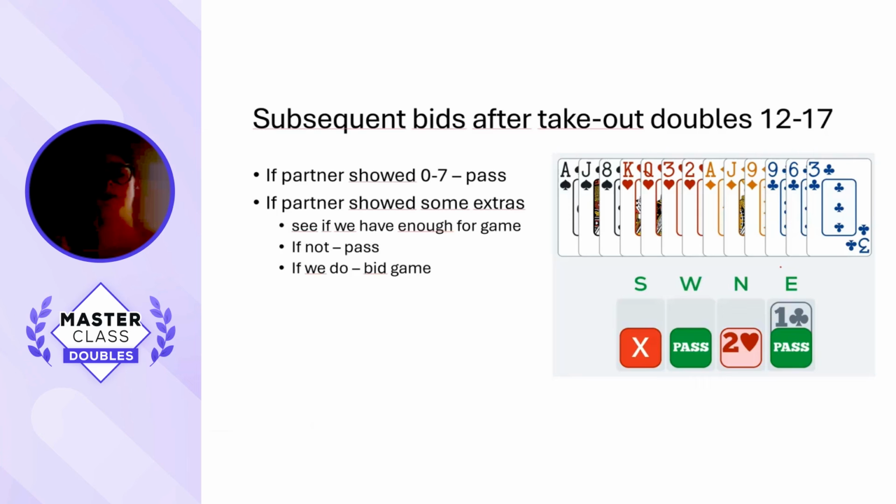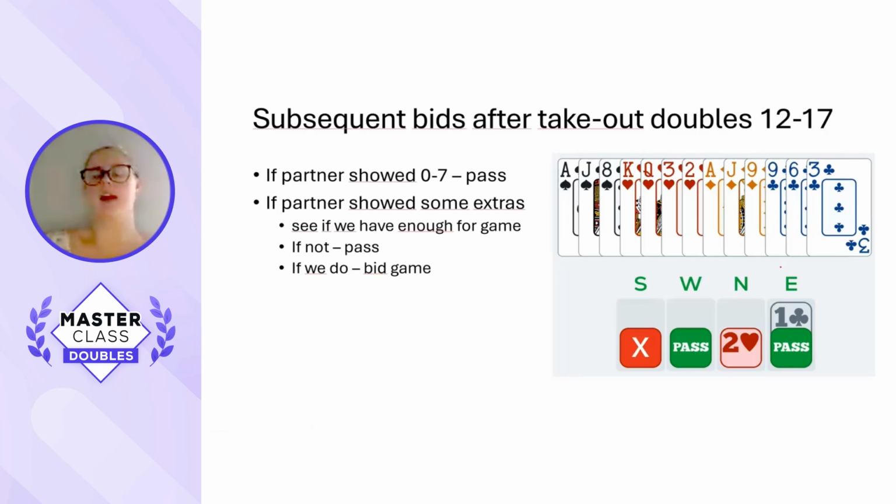So here we can raise to 3 hearts to say, okay partner, I have support for you in hearts and I have a little bit of extra, but I'm not completely sure that we are making game, so I need you to have a maximum. So we're bidding 3 hearts, and if partner has a maximum, partner will raise to 4 hearts. So here the clue is to just add on our points with partner's points and see if we think we can make a game or not.